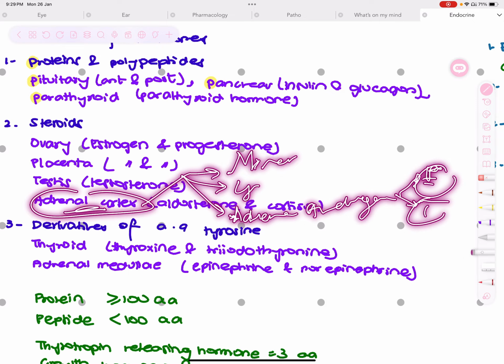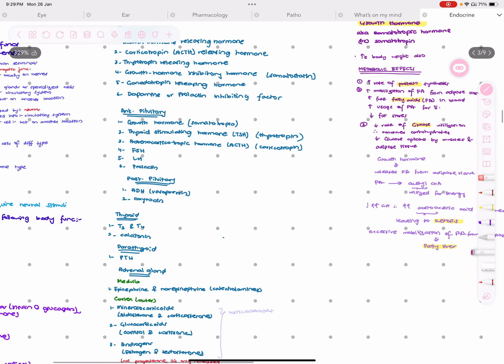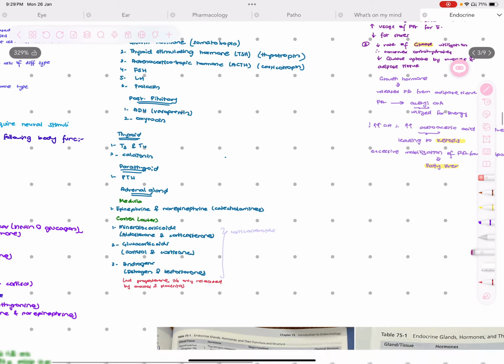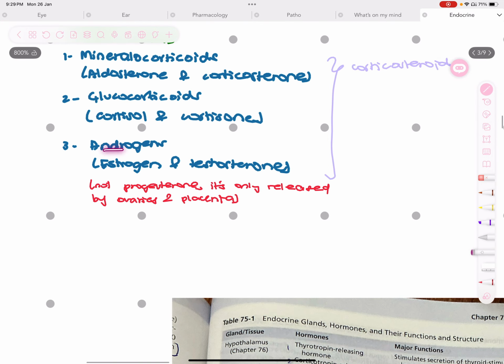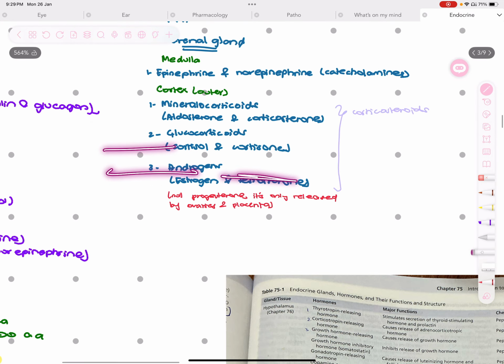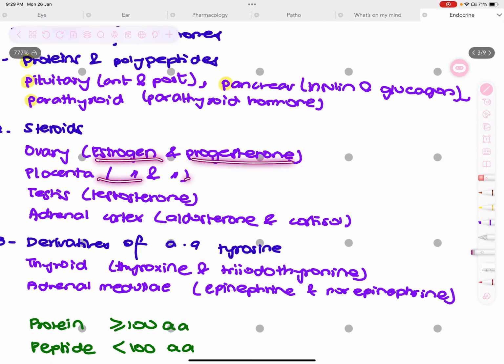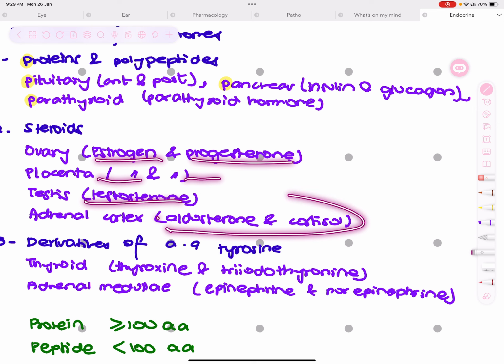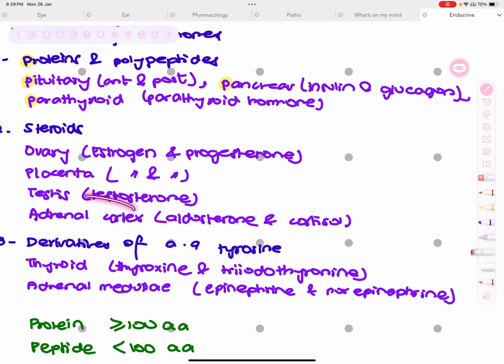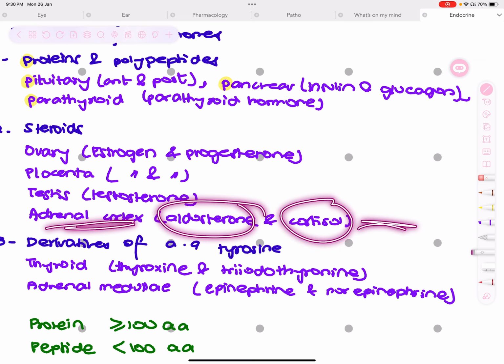So estrogen and testosterone fell under this category of androgens. Let me just show you this right here. Androgens, estrogen, and testosterone, not progesterone. So remember now, since we're talking about all the estrogen, progesterone, testosterone, why would we leave the adrenal androgen? So adrenal androgen is secreted by adrenal cortex. So it's important to include adrenal cortex also in the steroid category. So adrenal cortex, you have aldosterone, cortisol, and androgens.